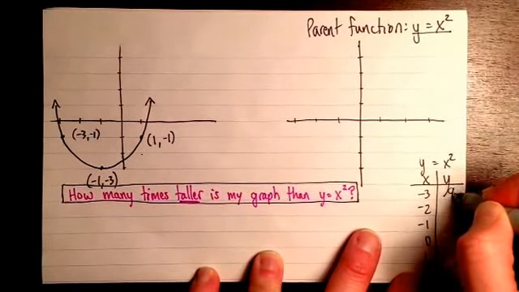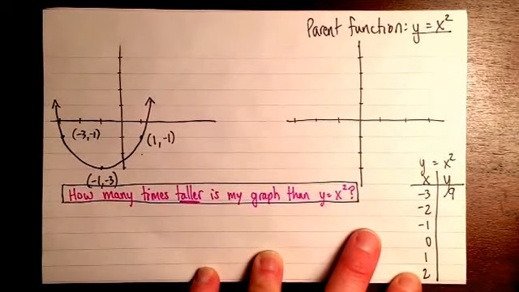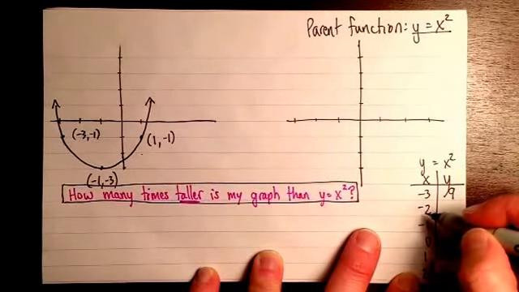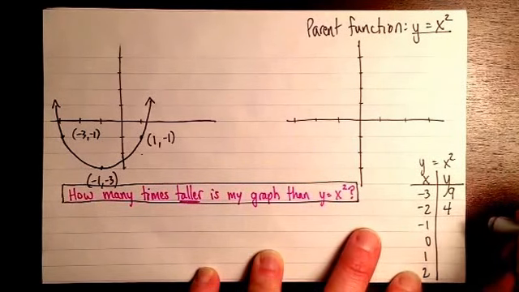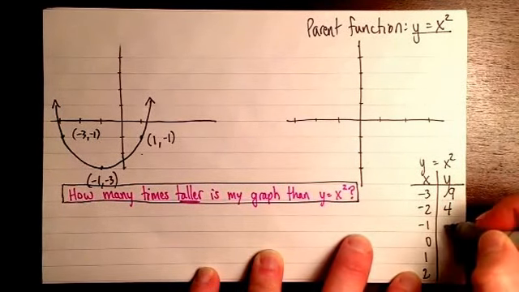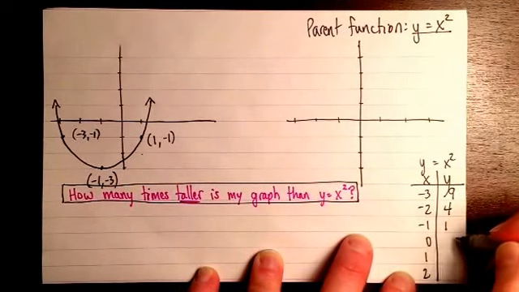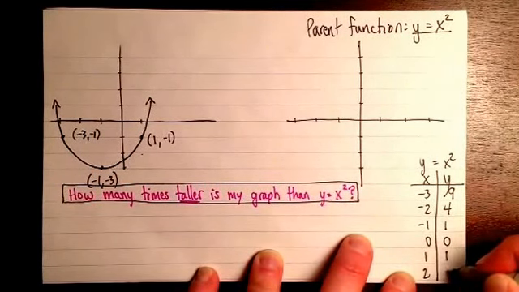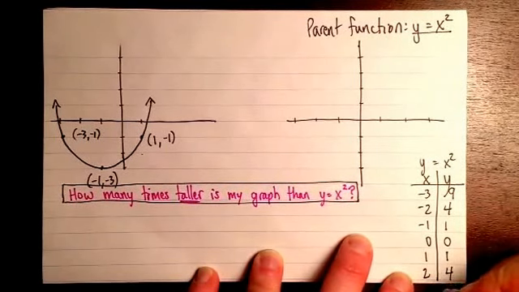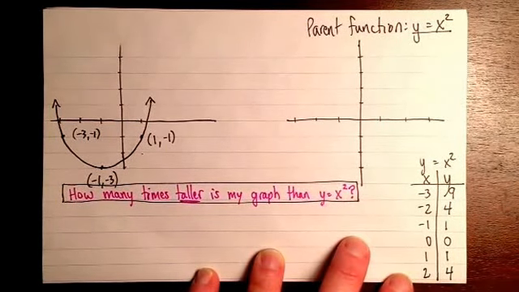So that's +9, because negative times negative is positive. -2 squared is 4. -1 squared is -1 times -1, which is 1. 0 squared is 0. 1 squared is 1. 2 squared is 4. If I had more space, I'd write that 3 squared was 9.